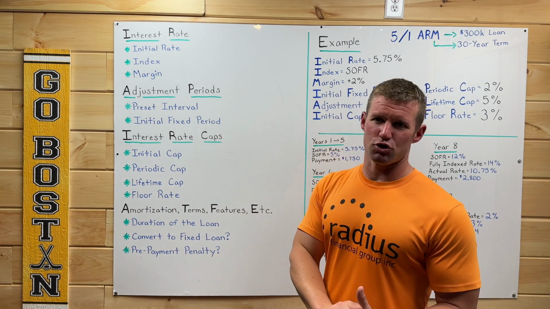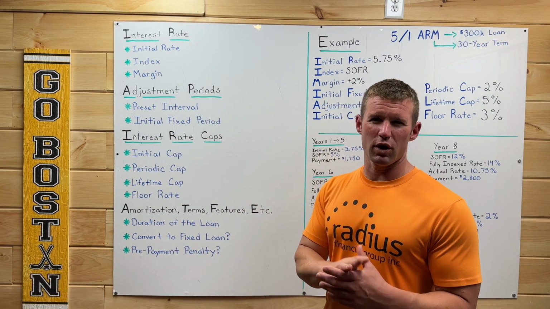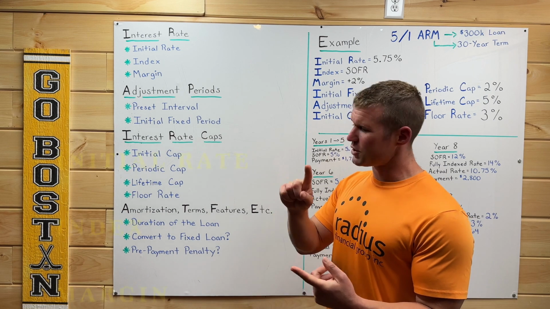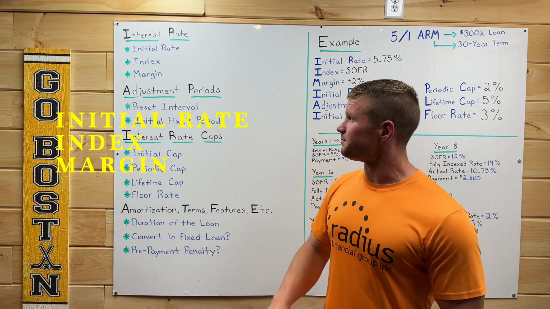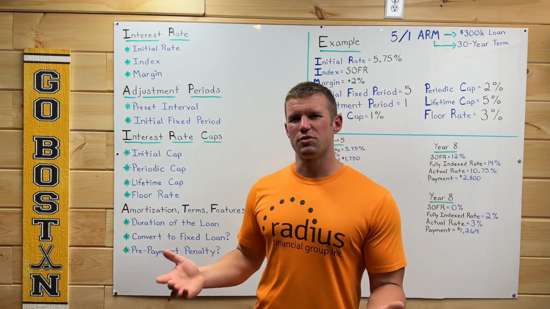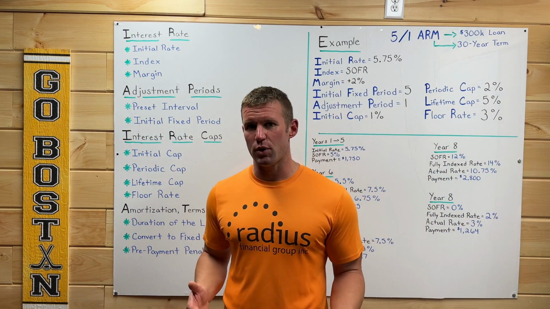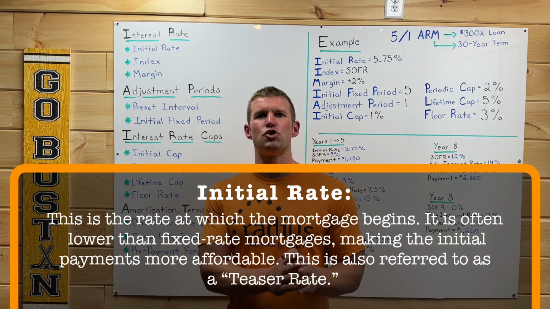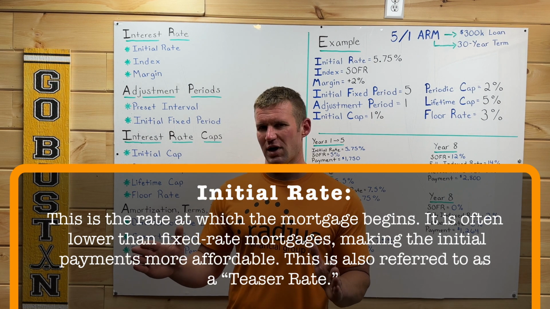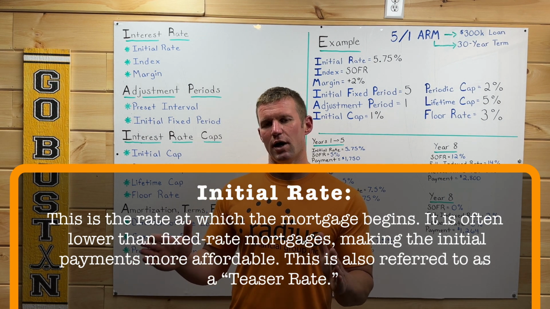First off, we have interest rate, and there's three things we want to talk about when it comes to the interest rate. You've got your initial rate, you've got your index, and then you've got your margin. So the initial rate, sometimes this is referred to as a teaser rate, is basically the interest rate that you will be paying on that loan for the first couple of years, however long that adjustable rate is fixed for.